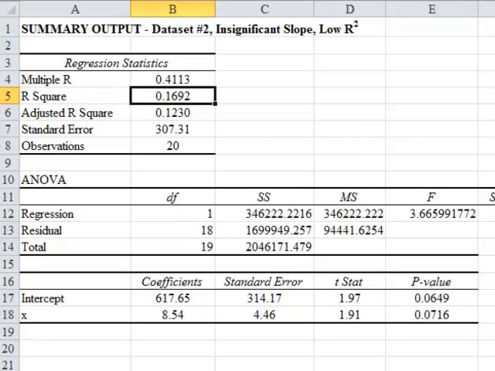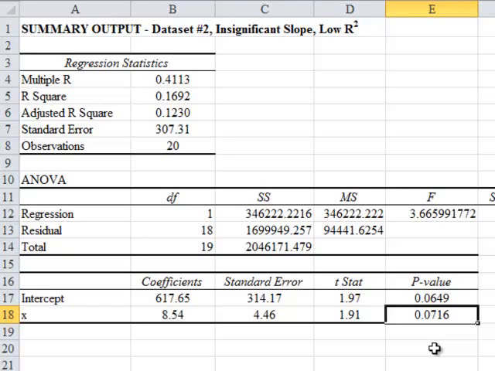Data set number 2 is kind of the opposite case. We have a relatively large p-value of 0.0716. So using an alpha value of 0.05, we would fail to reject that null hypothesis saying there's no relationship. Now again, that does not prove there's no relationship. It's just saying that this data doesn't provide conclusive evidence that there is a relationship.